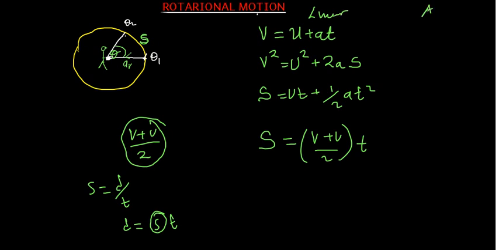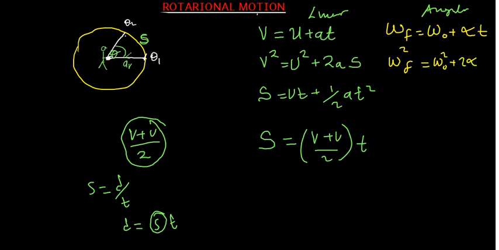So if we go to angular, the same equations apply. We know that v is omega, so omega final is equal to omega initial plus angular acceleration times time. Same here, we have final speed squared in angular form equal to initial speed squared plus 2 times angular acceleration. Distance s in angular terms is the angular displacement represented by theta.